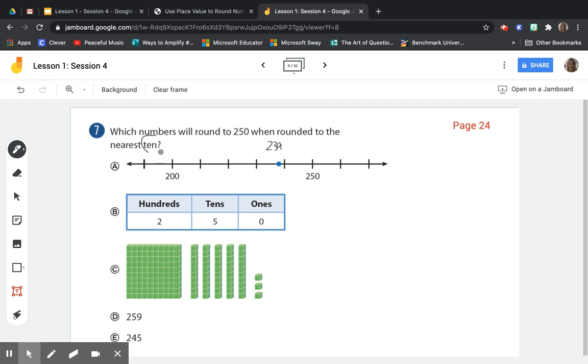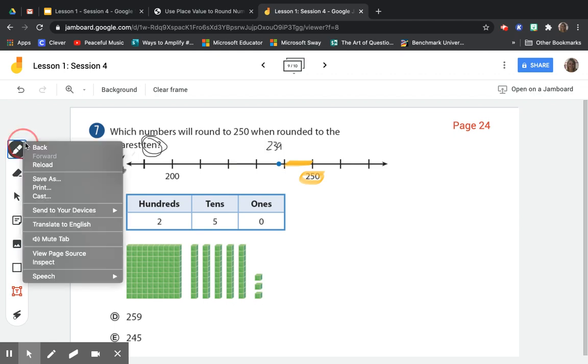If I'm looking at the tens, this one isn't even close enough, because if I was rounding to the tens, my number would have to be between 250 and 240. So this one is absolutely wrong. So A, no. All right, let's look at the next choice.